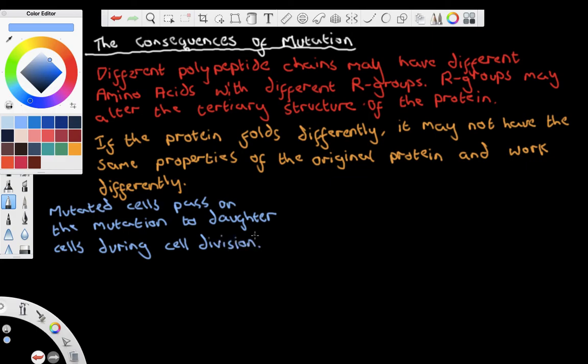Now, if this mutation is inside of a gamete, so inside of a sperm or an egg, this mutation can be passed on to offspring.